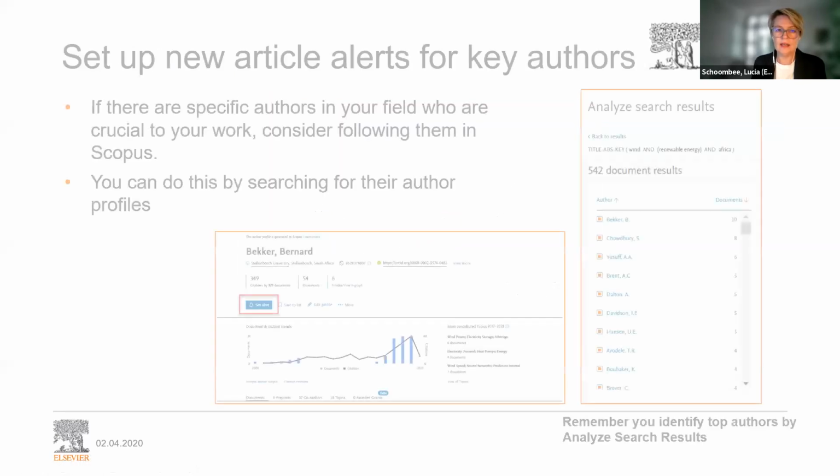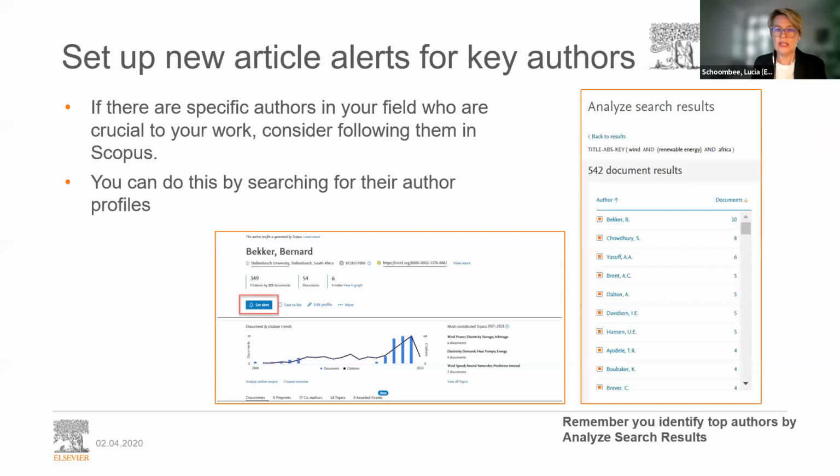Then another way is, obviously now we get to setting up alerts, but there are different ways of setting up alerts. The first way is to set up an alert for new articles for key authors, right? So there are specific authors in your field who are crucial to your work. They are usually leading the field.